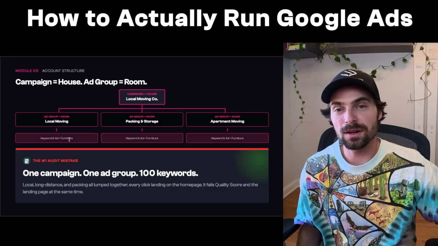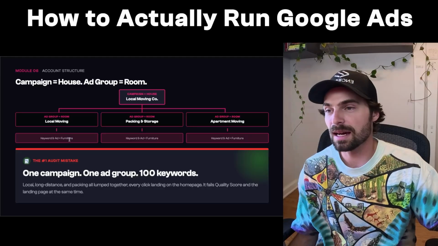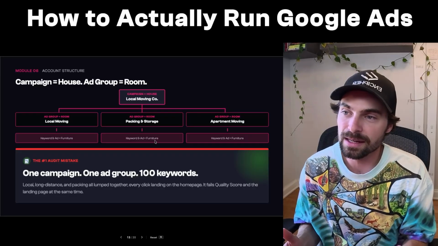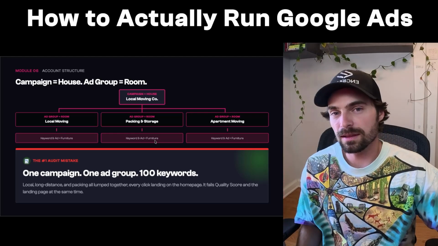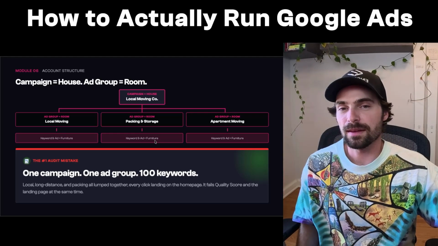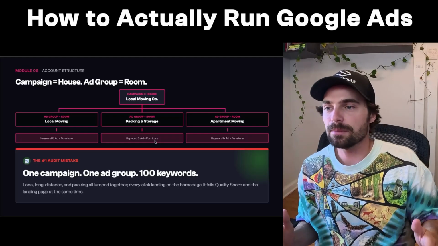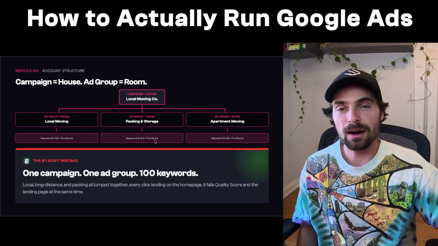And then to go a step further, you can have a landing page that also matches that service. Sometimes I will say it's okay to use a similar landing page, as long as your keywords are relevant to what the person is actually searching and your ad quality score is high. The landing page does matter, of course, and it is a lever that you can pull to get a higher quality score.